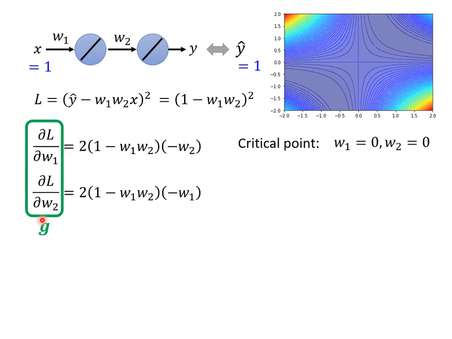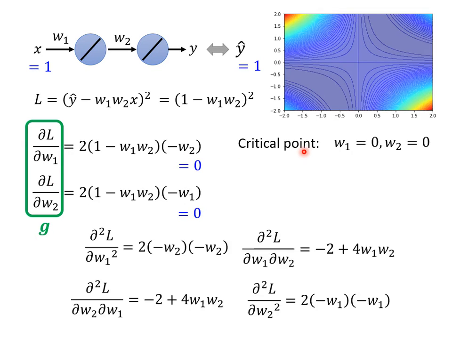When will it reach a critical point? For example, if W1 equals 0 and W2 equals 0, both partial derivatives of L will be 0. Then we know that the origin is a critical point.